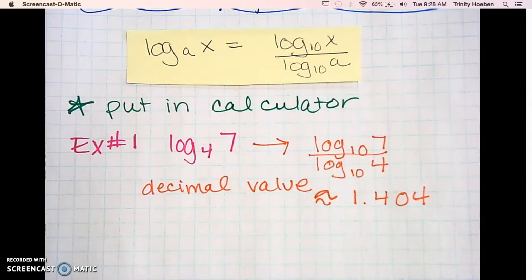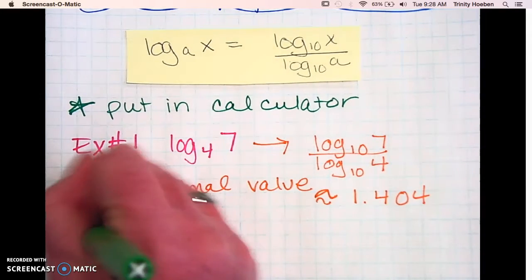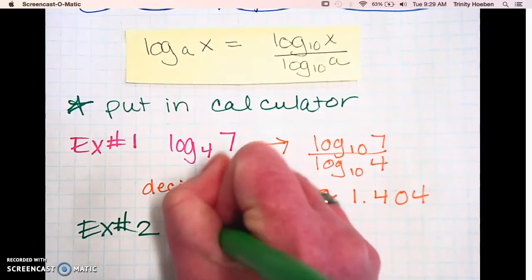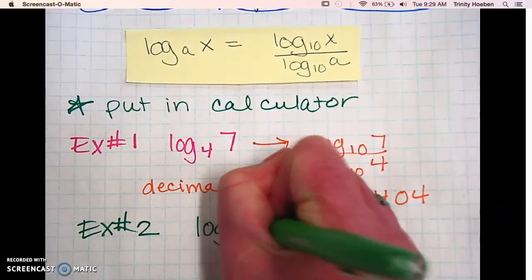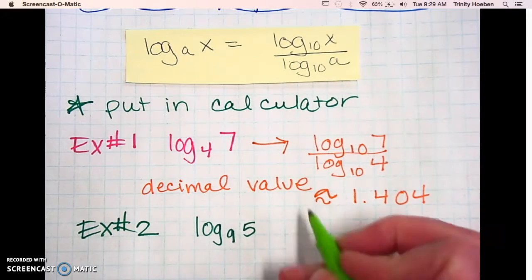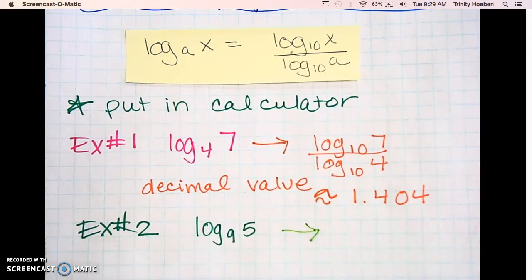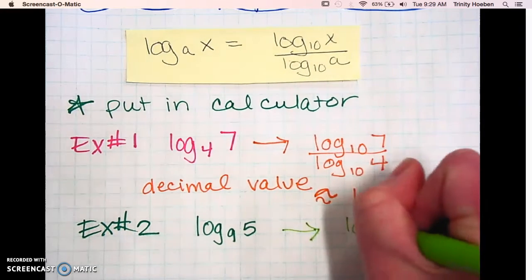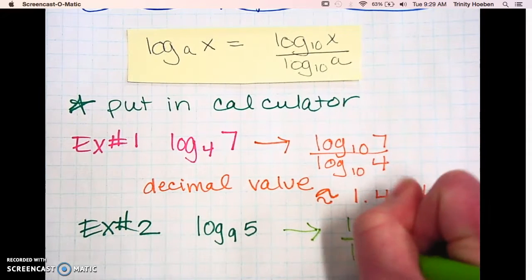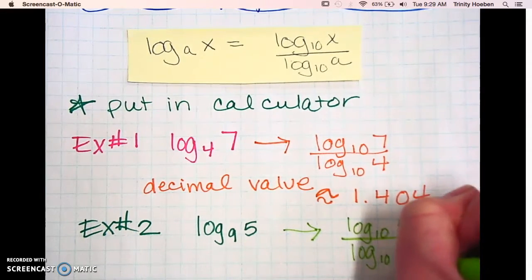All right? Example number 2. We're going to take log base 9 of 5. We're going to change it using the change of base formula. So we're going to have log base 10 of 5 over log base 10 of 9.